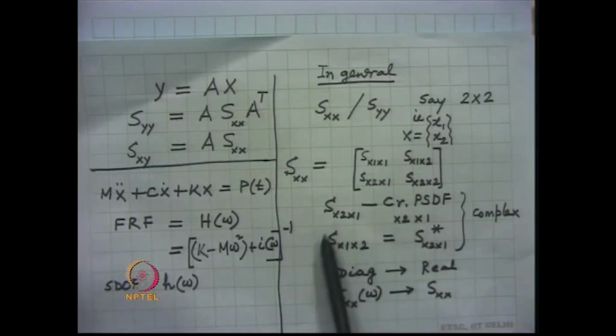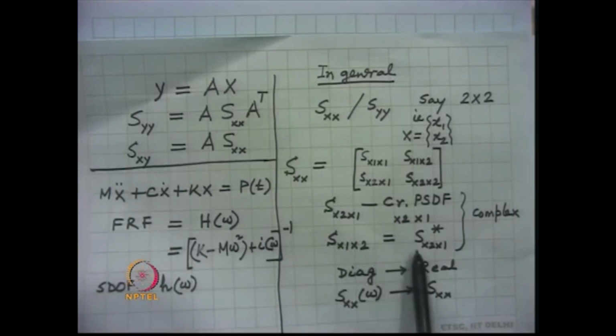In case of the matrix, that means if it is not a single power spectral density function but a matrix, then the relationship is S x1 x2 will be equal to S x2 x1, complex conjugate and transpose of that.